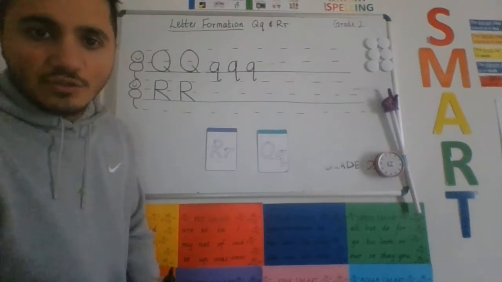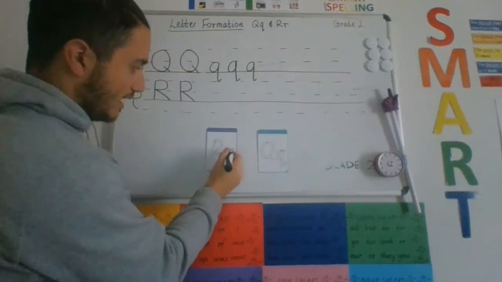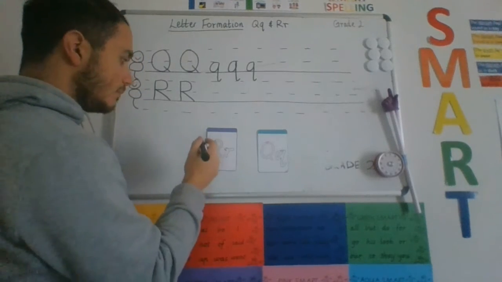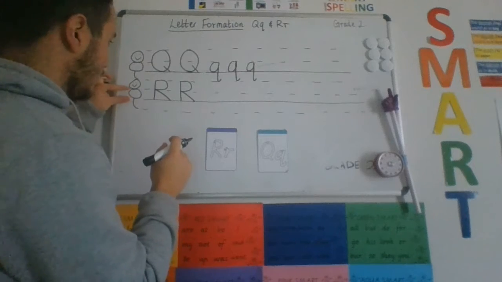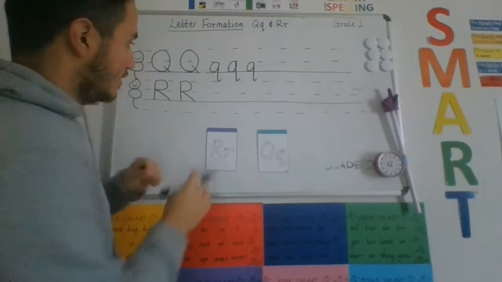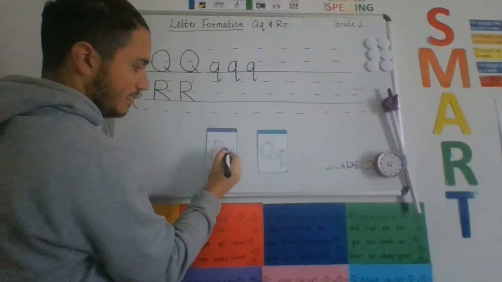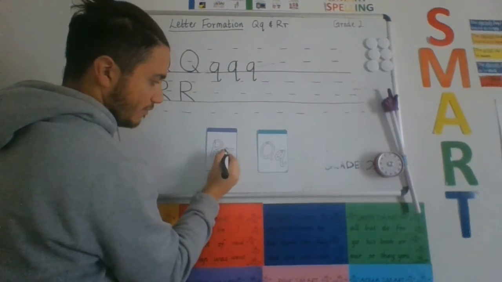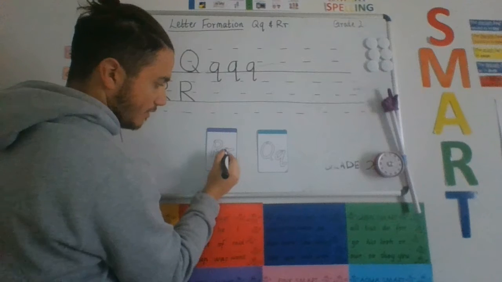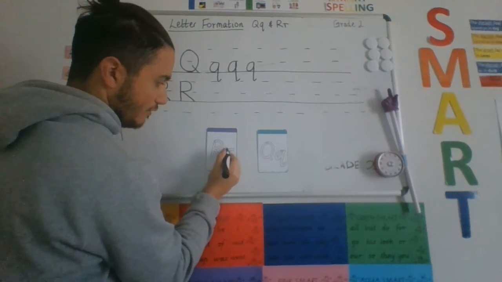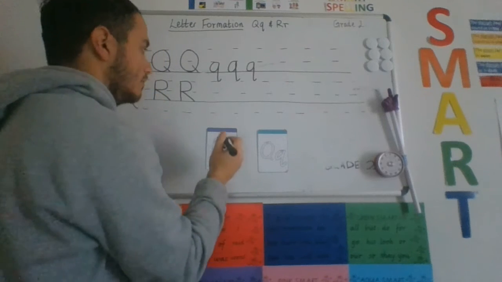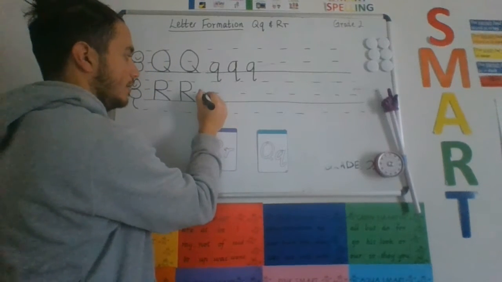The lowercase r is tricky as well, especially that end part. Okay, so the lowercase r only stays in the body. So it should sit on the baseline. So we start from this part here. It's a little curve, and go straight down, and then we follow back up, and we do another little curve over there. So watch me.